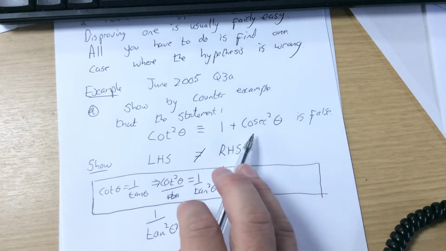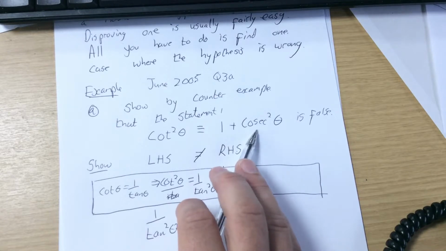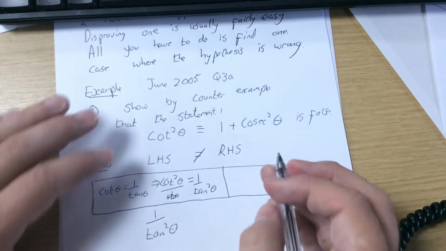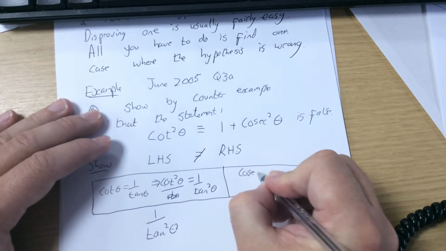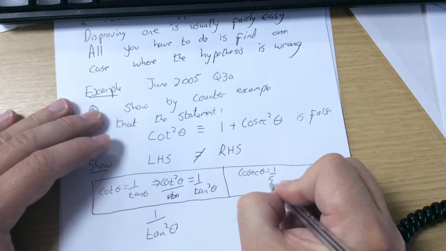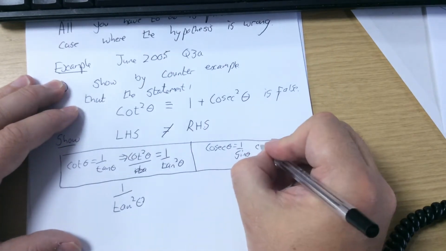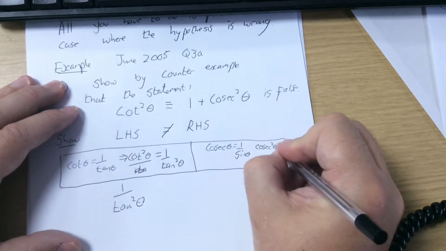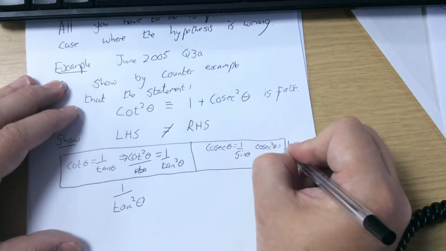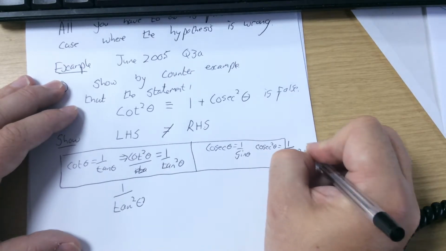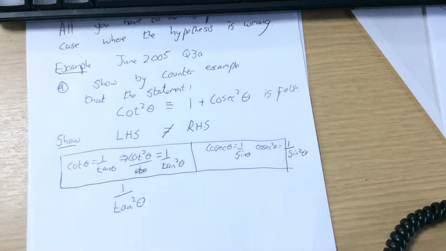My right hand side, what's cosec theta equal to? Anyone remember that? Cosec theta is 1 over sine theta, so cosec squared theta will be 1 over sine squared theta.